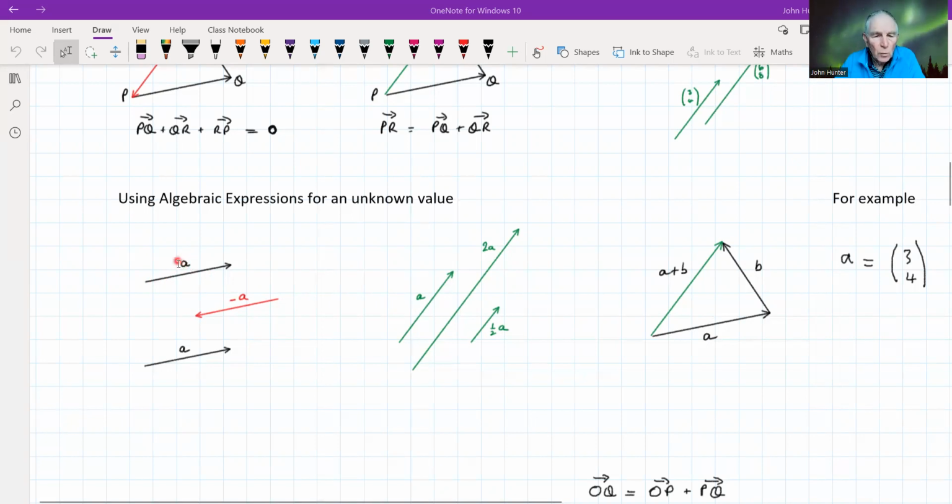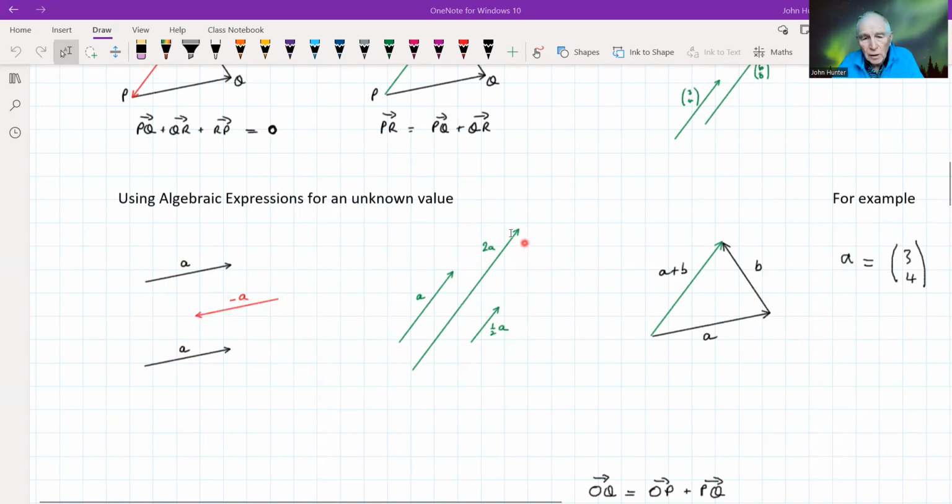It's usually emboldened, which is not too easy when you're handwriting, and these are usually small letters, very often a's and b's and c's and so on. So these two would be equal, and this one obviously would be the negative, so that would be minus a.